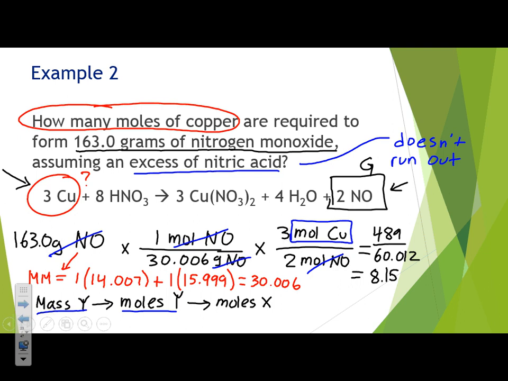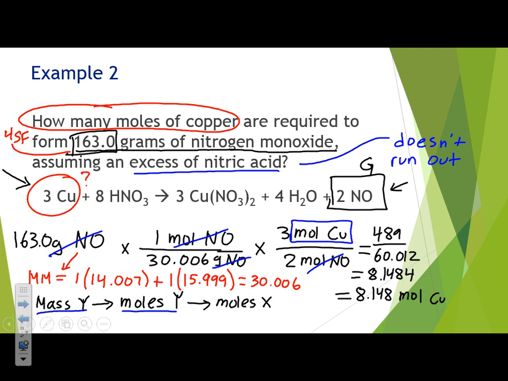We'll round that a little bit better. We end up with 8.1484 moles. But we started with 4 significant figures. Let's go ahead and write that in. This was 4 significant figures. So our answer should also have 4, meaning we have 8.148 moles of copper.